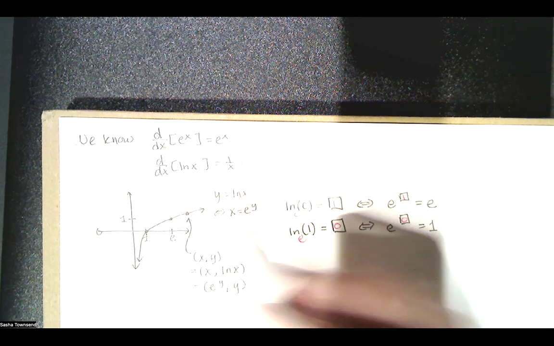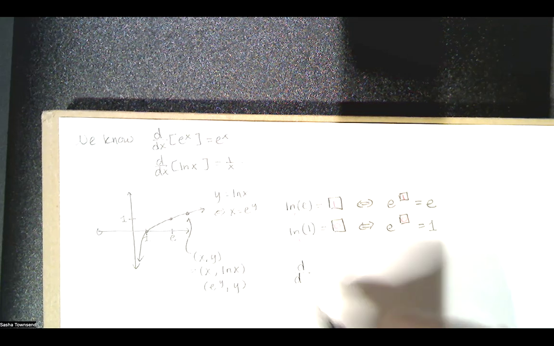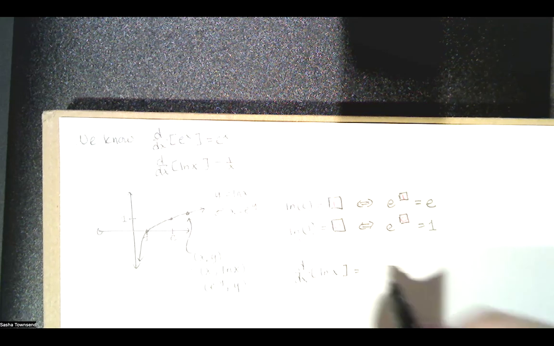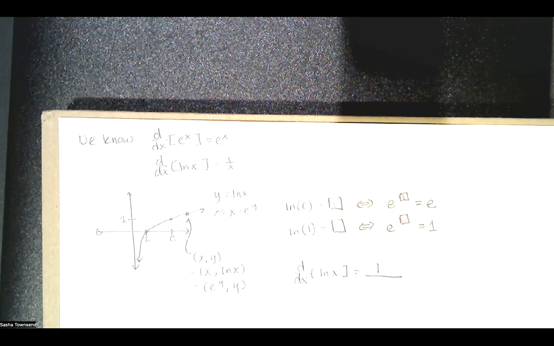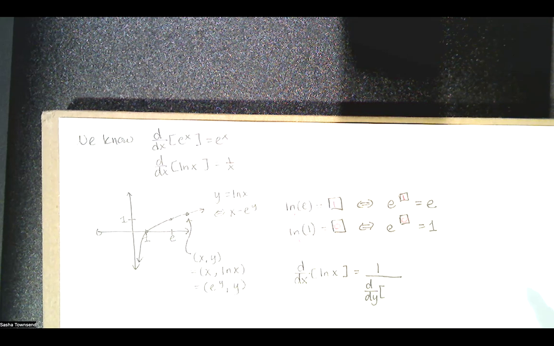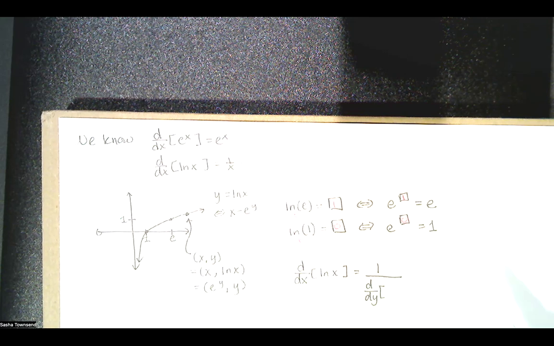Well, if I want the derivative of natural log of x with respect to x, turns out I can just compute 1 over the derivative of the corresponding function with respect to y. So this is saying that dy/dx is equal to 1 over dx/dy.